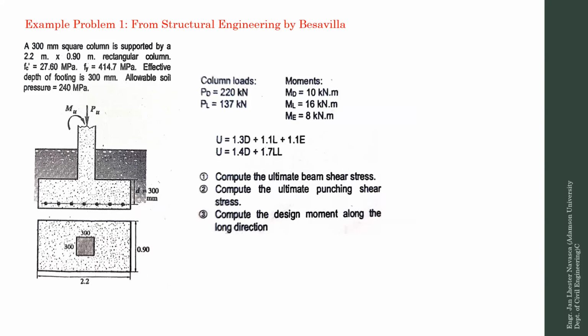The actual column loads are PD, the dead load, which is 220, and PL, which is 137. The moments are 10, 16, and 8 from dead load, live load, and earthquake.